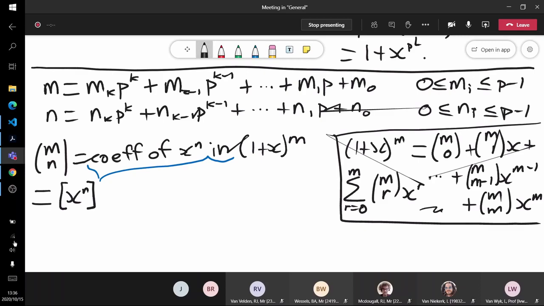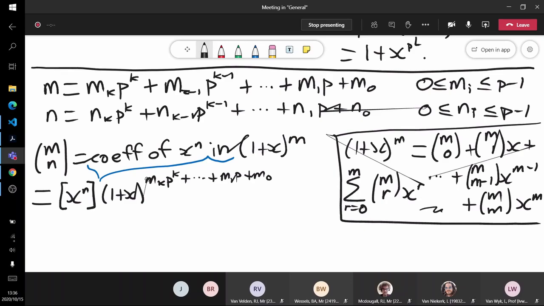So that's the coefficient of x to the n in 1 plus x to the power of this base p expansion, m_k p to the k plus and so on up until m_1 p plus m_0.